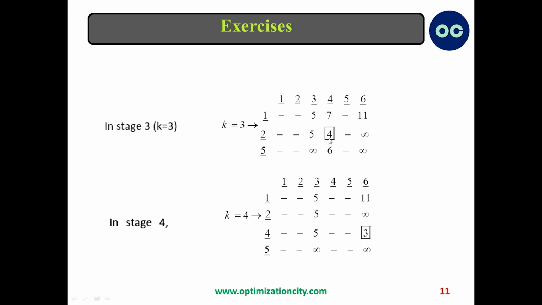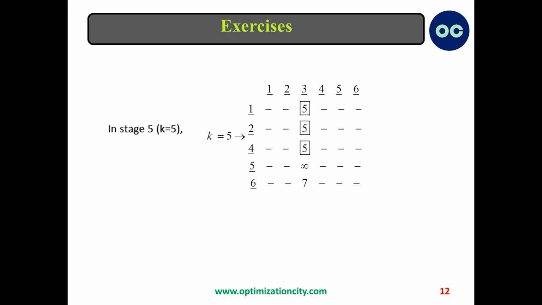And we continue performing the same step for the next iteration. So we add row number 4 in step number 4. And the minimum value of this matrix is equal to 3. So in the next iteration, we add row number 6.